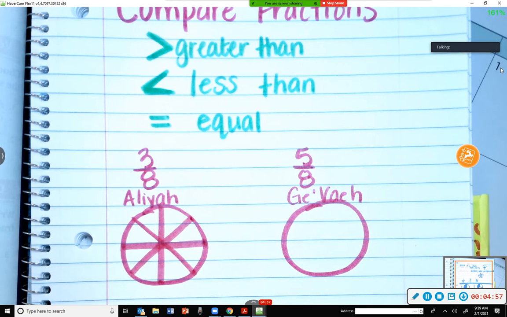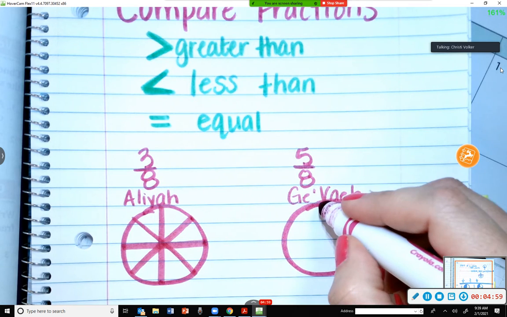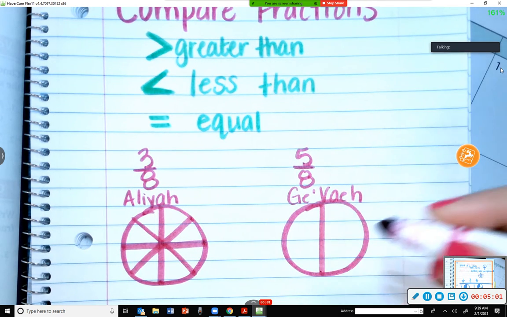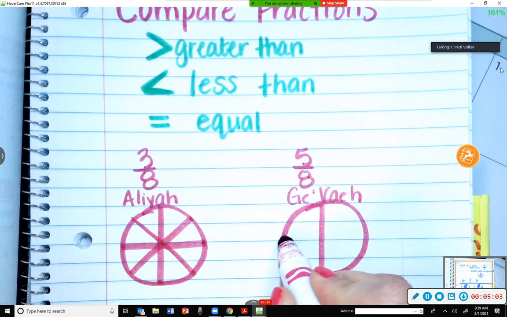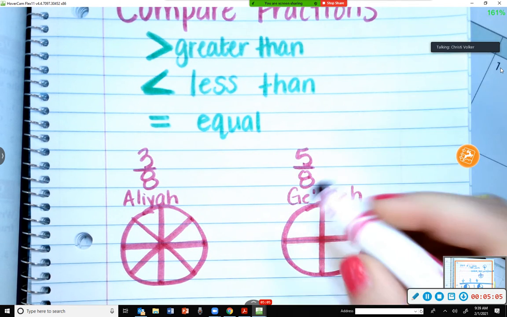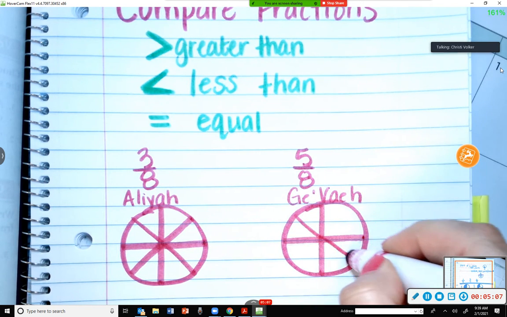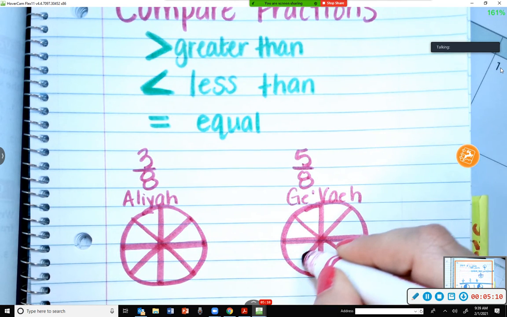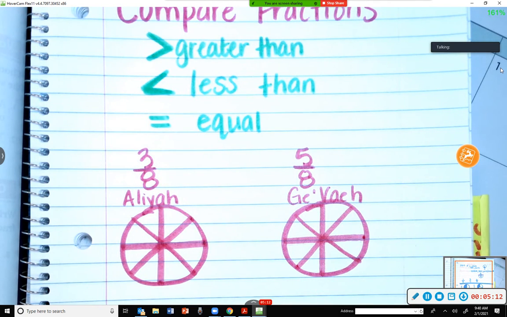Allie, why aren't you drawing? You need to be drawing. Okay, so a T and then an X. Hold on, we're not there yet, Allie.